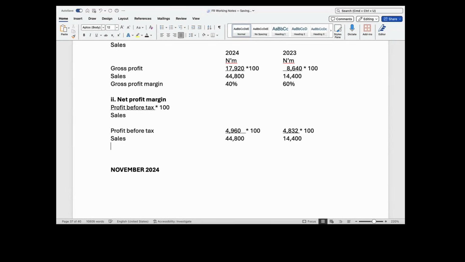So what's my net profit margin? 11%. How about in 2023? 34%. Okay.